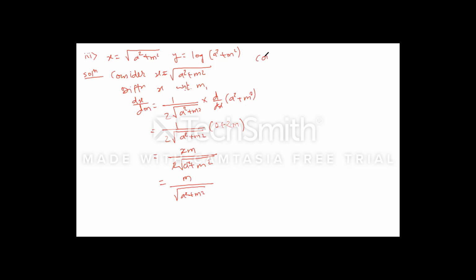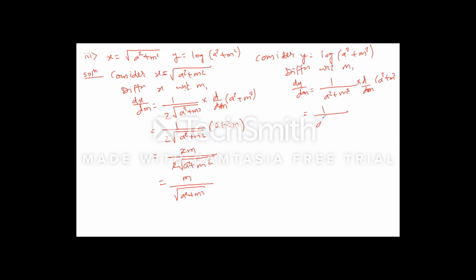Now consider y equals log of a square plus m square. So differentiating with respect to m, dy by dm equals, now log. What is the derivative of log? 1 upon a square plus m square into the derivative of a square plus m square.